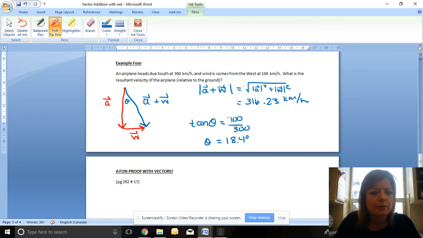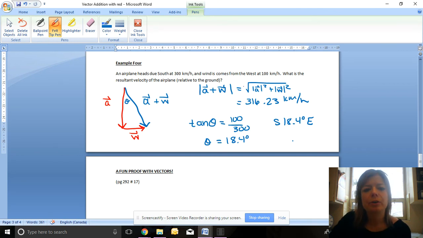So think about it, that's going south 18.4 degrees east. So the velocity of this airplane is 316.23 kilometers per hour, going in a direction of south 18.4 degrees east. So there is some vector addition in a real world problem.